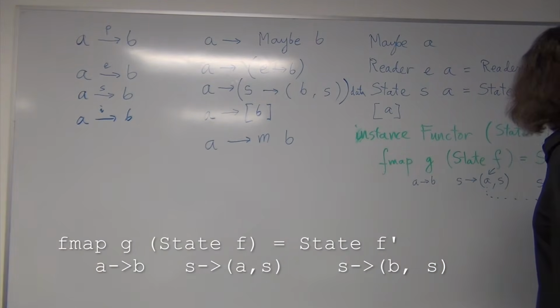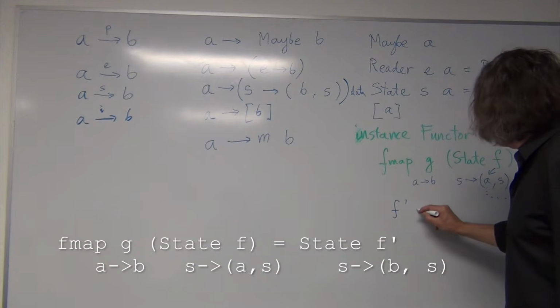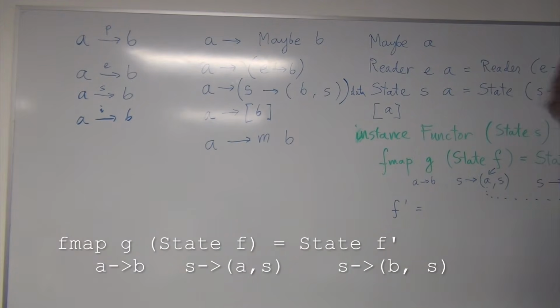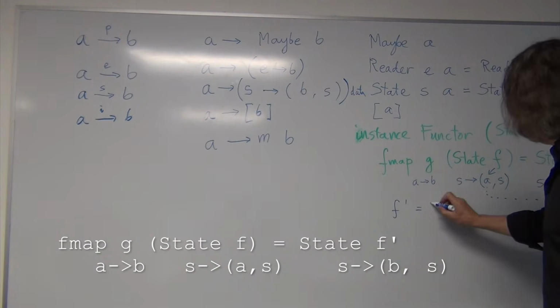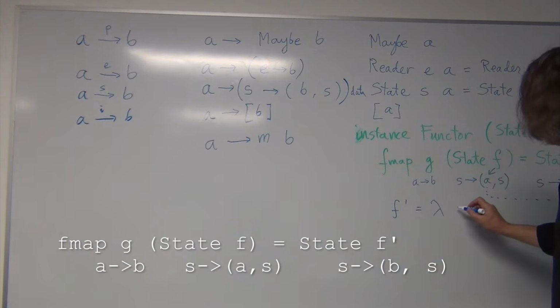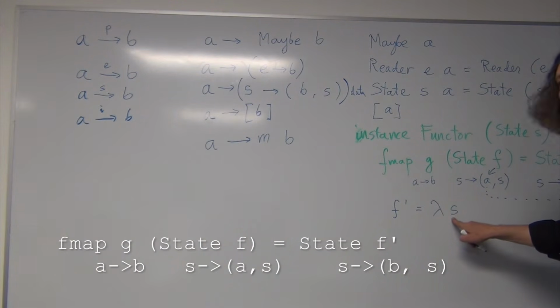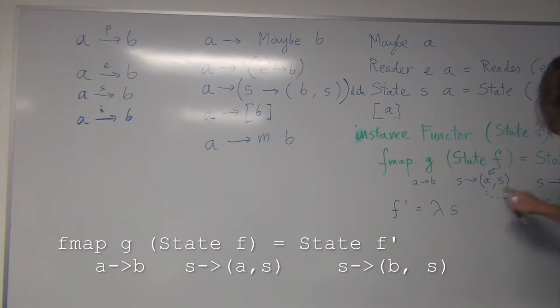So let me just write f prime is equal to lambda, a lambda function that takes s, and here it's a value. Just to confuse you, this is type, this is value. Maybe I should name it st, not to confuse too much.